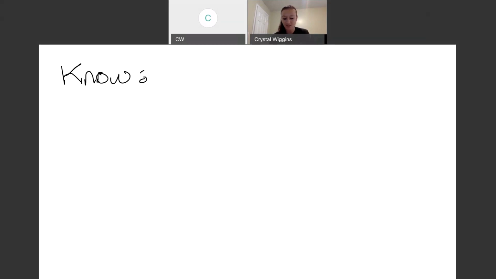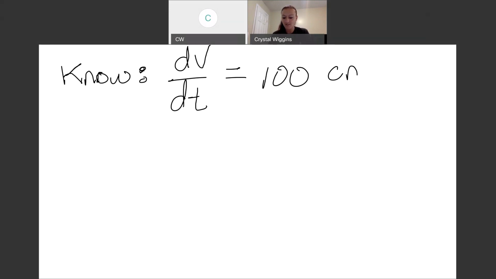Okay, we know that the change in volume over time is equal to 100 cubic centimeters per second. That was given, so that's not something we had to find out.